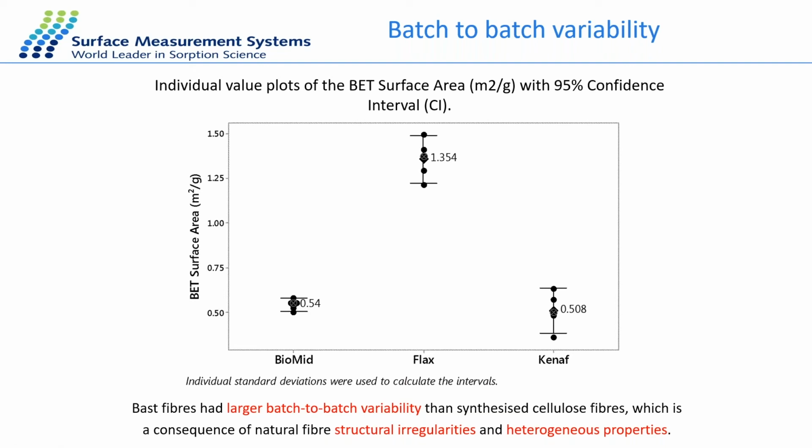Natural fibers contain some irregularities on the surface, and they have heterogeneous properties. It depends on a lot of different things: harvesting, the growing conditions, and so on. So that's basically what we expected, but still the batch reproducibility was quite good.